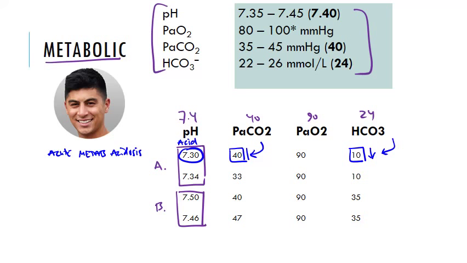Now over time we can see that the lungs will respond by reducing their PCO2 by increasing their ventilation. So somebody would be breathing a lot faster with a metabolic acidosis to try and relieve themselves of all of the excess hydrogen atoms or protons.